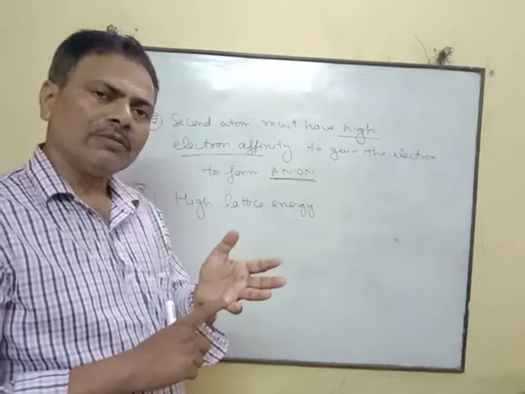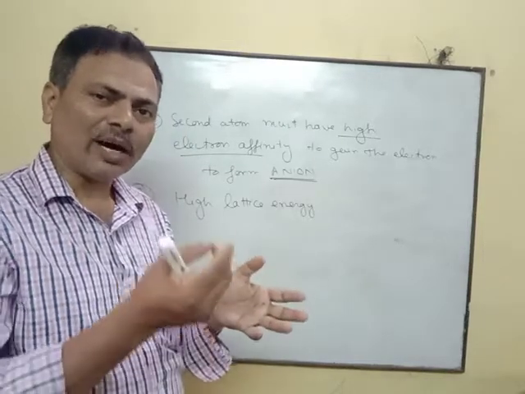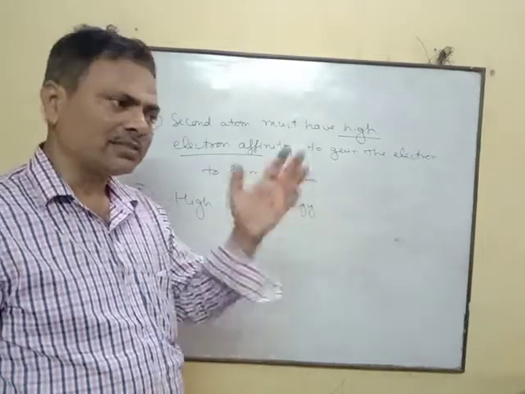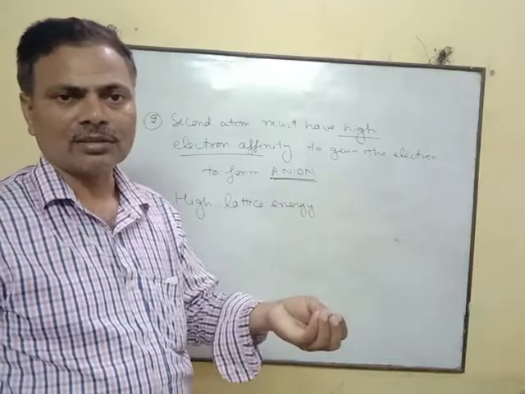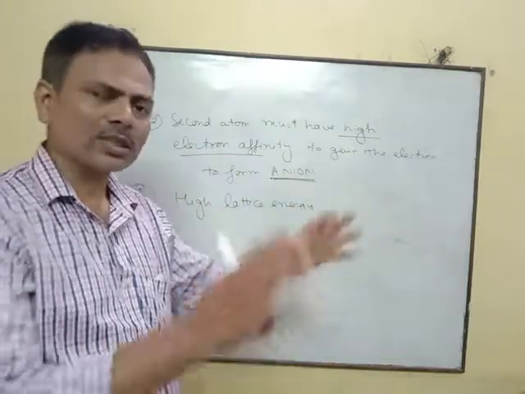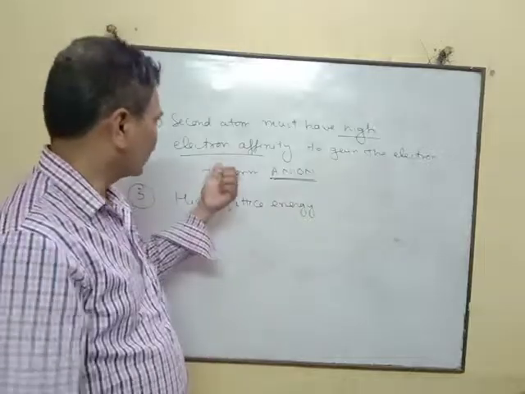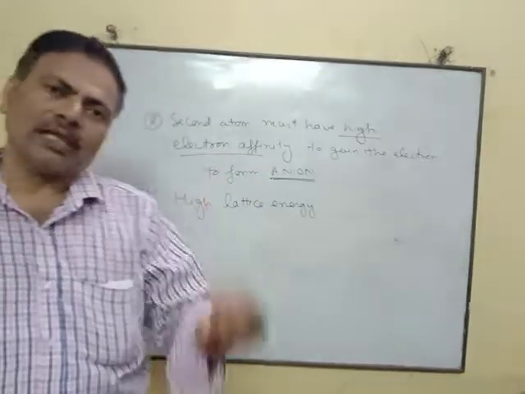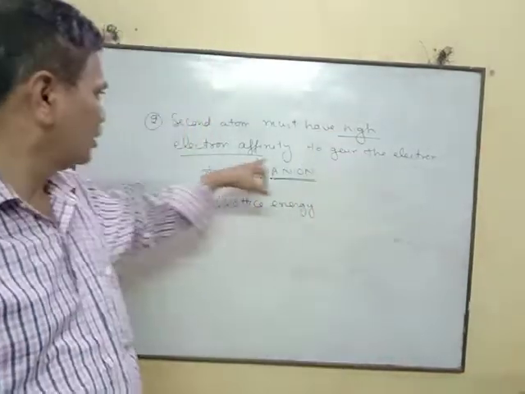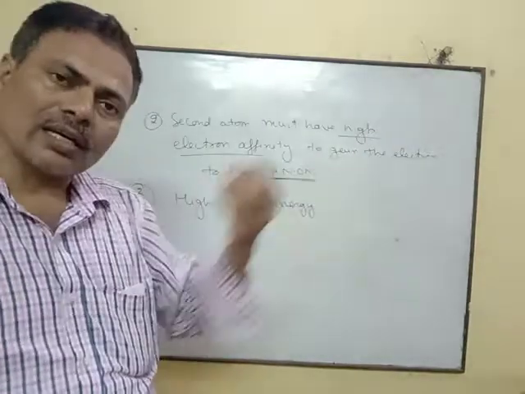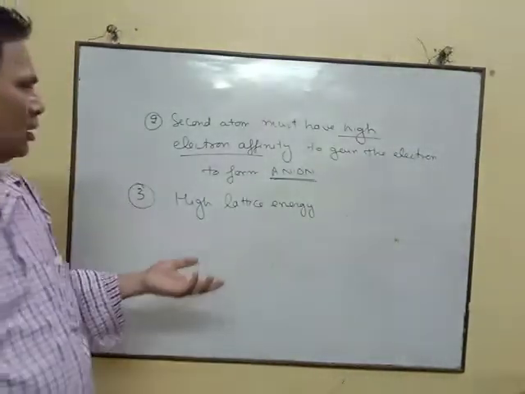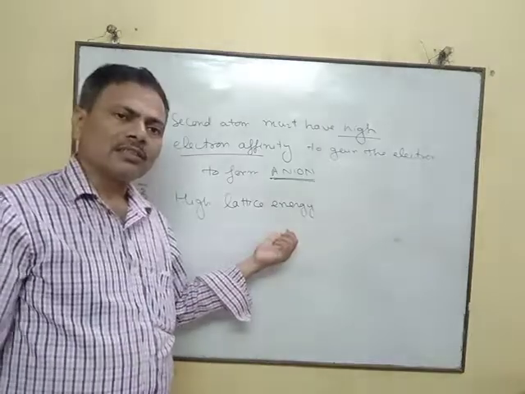One atom must have low ionization enthalpy, so it can easily lose the electron and form a cation. The second condition is that the other atom must have high electron affinity, so it gains the electron and forms an anion. Third is high lattice energy.